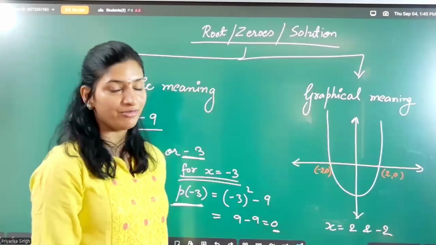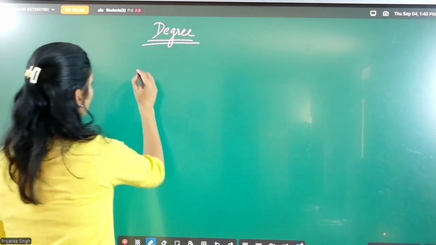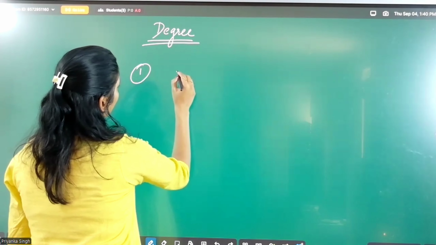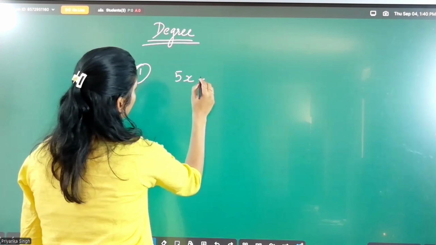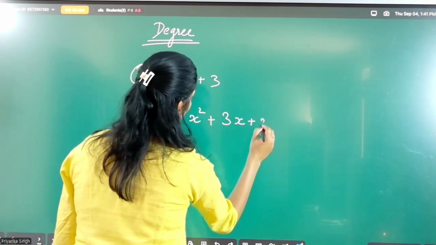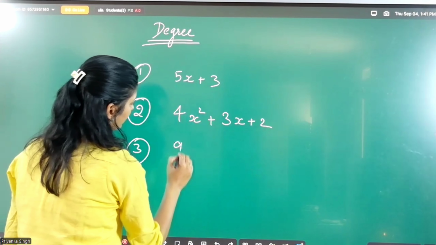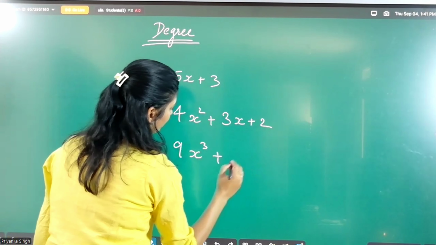Now moving on to the next topic, and the topic is related to the degree. So what is the degree of a polynomial? Degree is the highest power of x in the given expression. For example, if we are given 5x plus 3, I'm trying to explain with different examples, 4x square plus 3x plus 2, 9x cube plus 5.